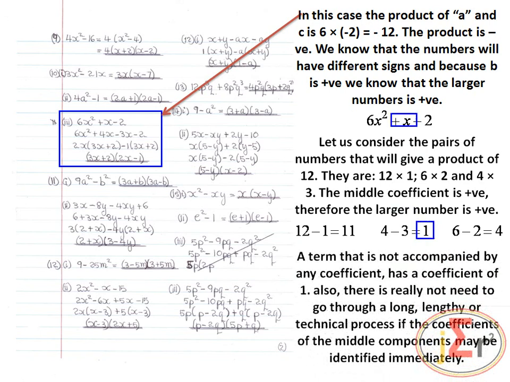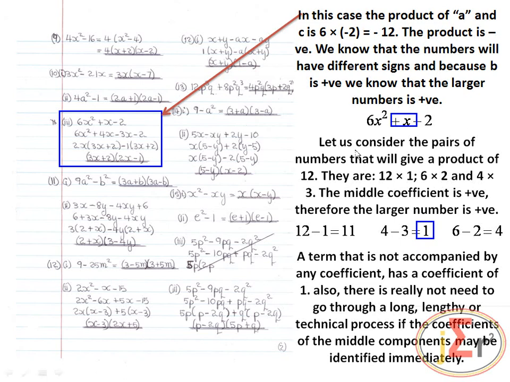A term that is not accompanied by any coefficient has a coefficient of 1. Also, there's really no need to go through a long and lengthy or even technical process if the coefficients of the middle components may be identified immediately.